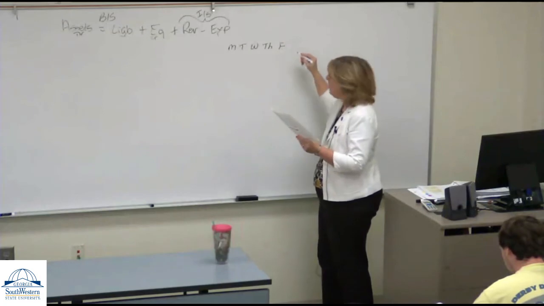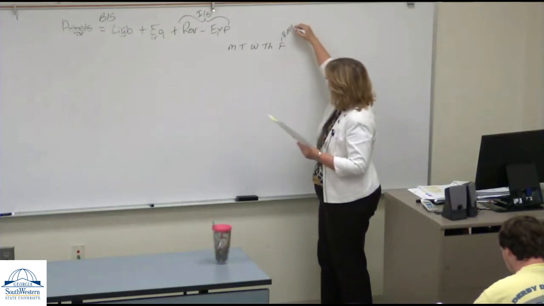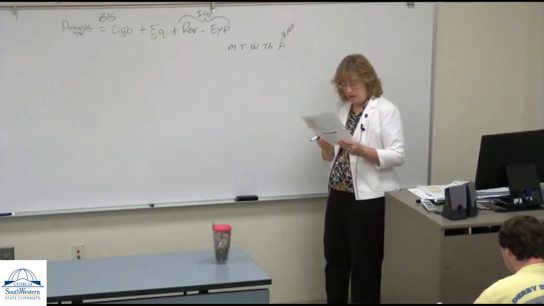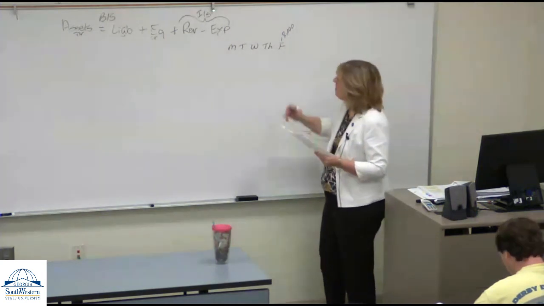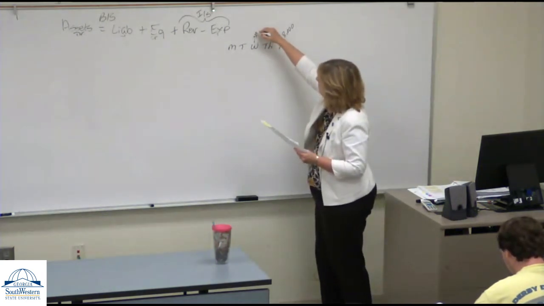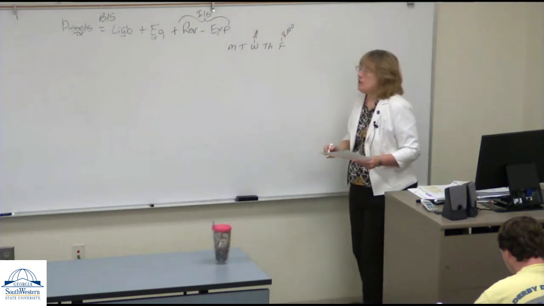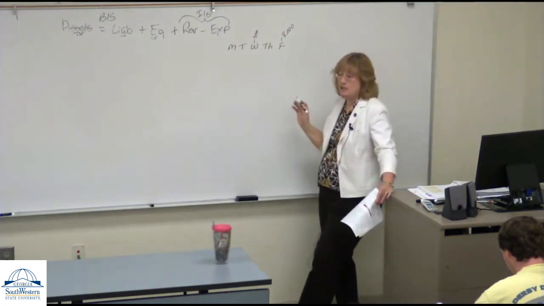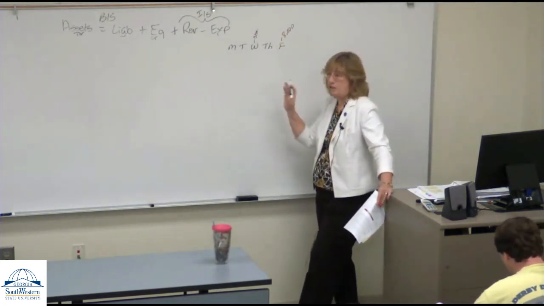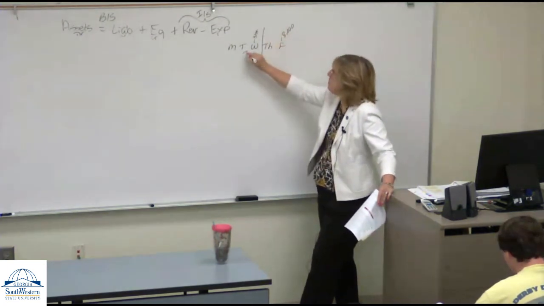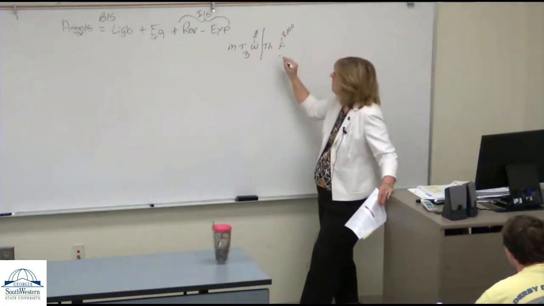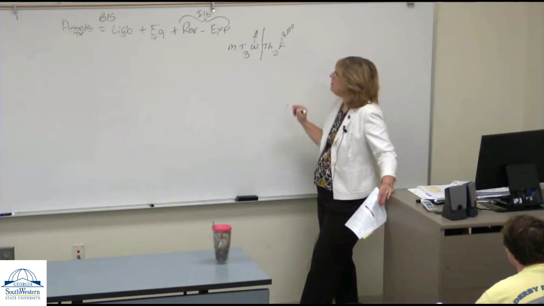On Friday, they're paid $8,000, but Wednesday is the 31st. So how many days are in this period? 3. 3 days are here, right? And 2 days are here.